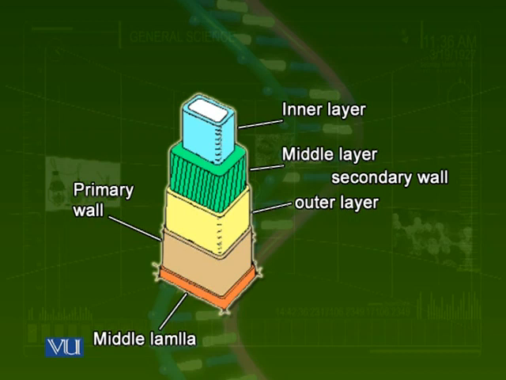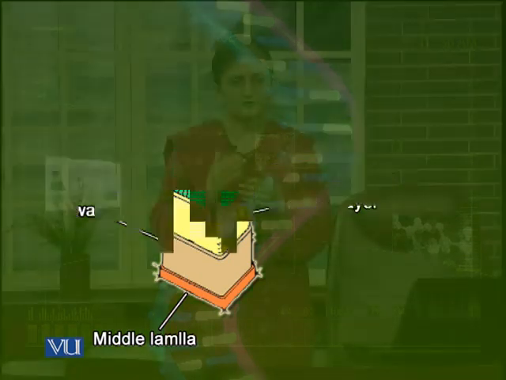When a cell matures, initially it has a primary cell wall. When it matures, it secretes the outer layer of the wall. Then if it needs more, it secretes more layers, and that's it. The difference between the primary cell wall and the secondary cell wall is this: the primary cell wall has cellulose fibrils in a comparatively lesser quantity.